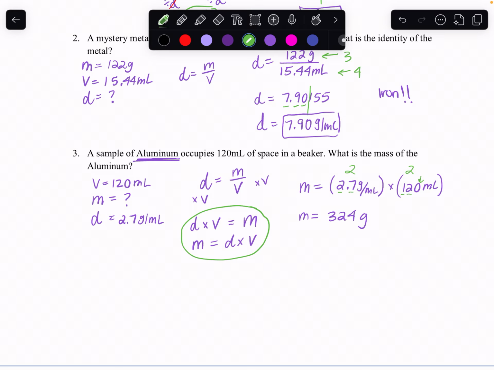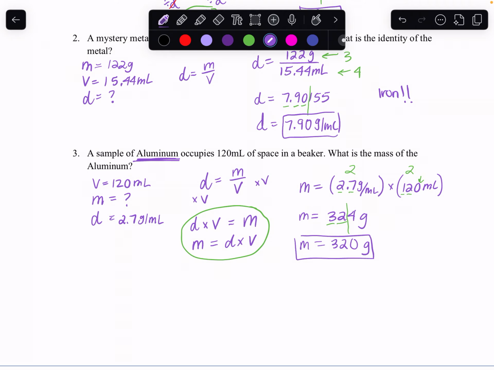So if I count 1, 2, there's my cutoff. Because the 4 is not 5 or greater, it means I'm not rounding up, and I will have to round down to 0 in place of that 4. So I'll keep my first 2 digits, and then the last digit will be a 0. 320 grams.